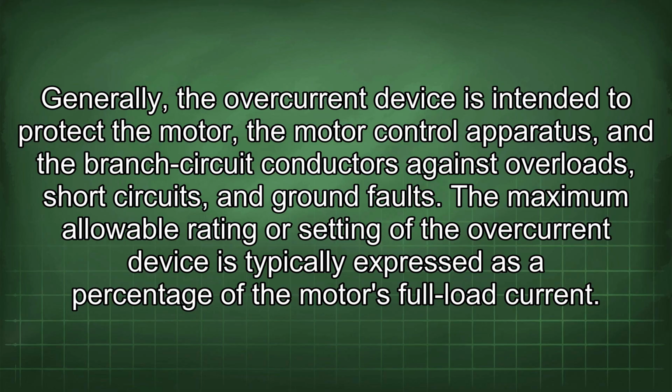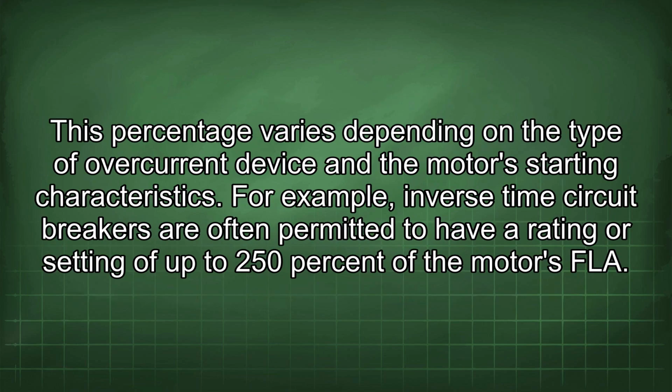Generally, the overcurrent device is intended to protect the motor control apparatus and the branch circuit conductors against overloads, short circuits, and ground faults. The maximum allowable rating or setting of the overcurrent device is typically expressed as a percentage of the motor's full load current.